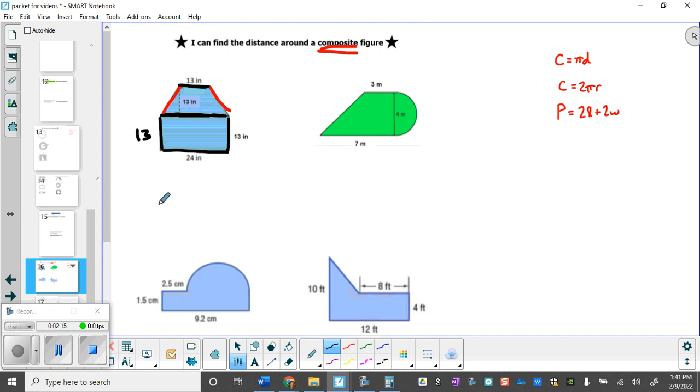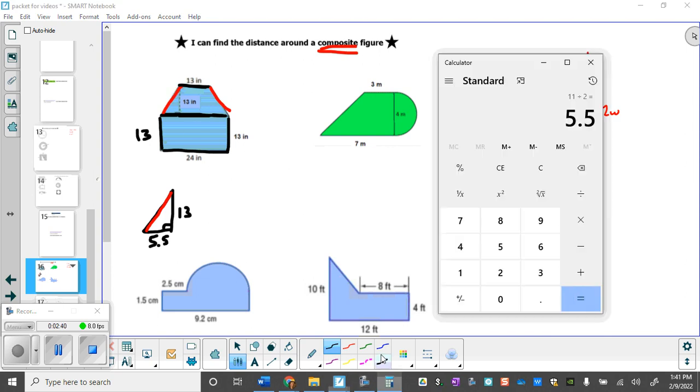Now the reason I care about this, y'all, is because I need the right triangle to find that missing hypotenuse right here in red. We know that the height of the triangle is this 13, and we just found the base to be the 5.5. So we can use the Pythagorean theorem to find the hypotenuse here, which means we will have found this side. All right? So the Pythagorean theorem says that I'm going to do 5.5 squared, and that's a 30.25.